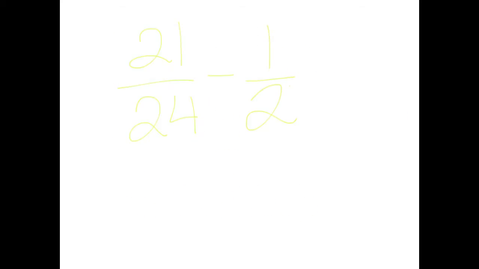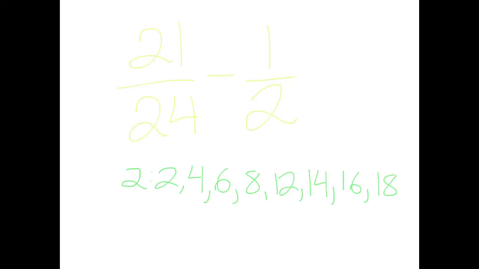So now we have 21 over 24 minus 1/2. And since this is 1/2, what we could do is list the multiples of 2: 2, 4, 6, 8, 10, 12, 14, 16, 18, 20, 22, 24.